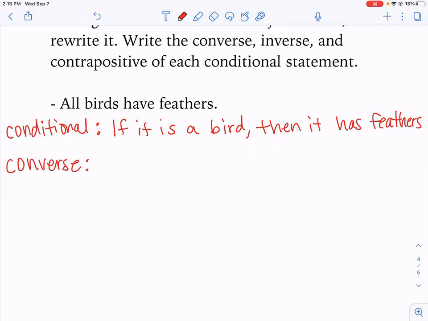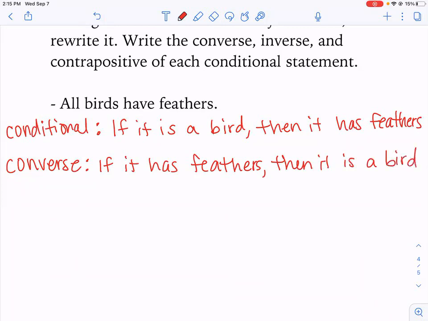Converse means we're going to switch P and Q. So if, Cohen, what's our if? That's true.